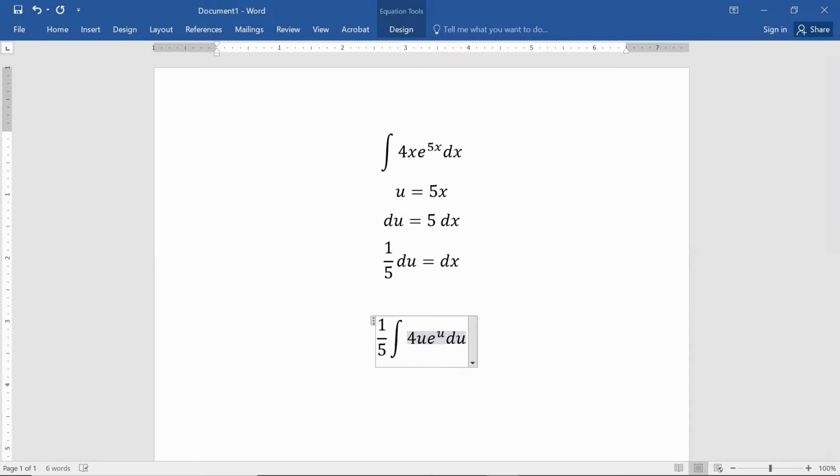Again, I'm going to pull that constant out front. 1/5 times 1/5 is 1/25. Notice that my expression really didn't get any simpler when I did substitution. I still have a polynomial times e to a power, which I don't know how to integrate there. So this shows that substitution really doesn't work on a problem like this.